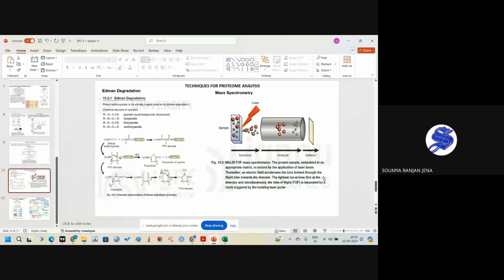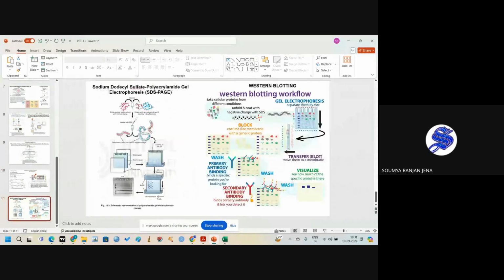The smaller ion arrives first because of the charge to mass ratio; the smaller ion moves faster and the larger ion moves slower, and the detector then detects the peptide, and then it will be aligned with BLAST-type software, and it will tell you which protein or which peptide you have found by these mass spectrometry processes.